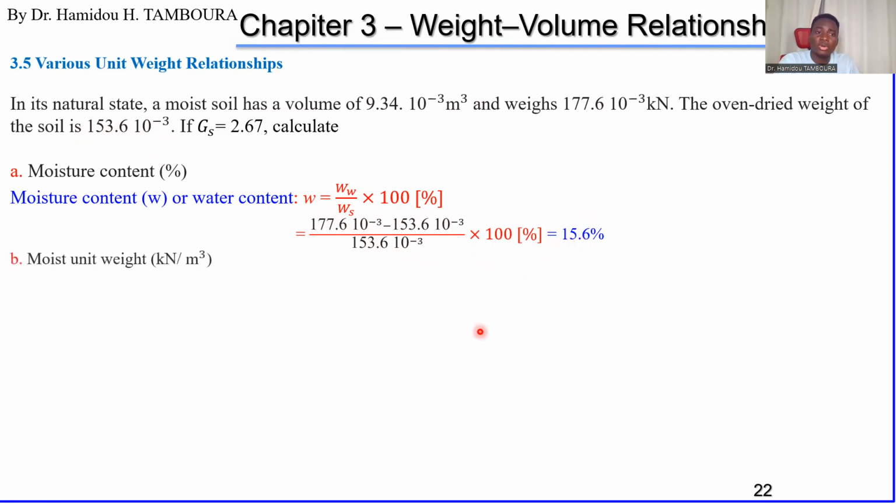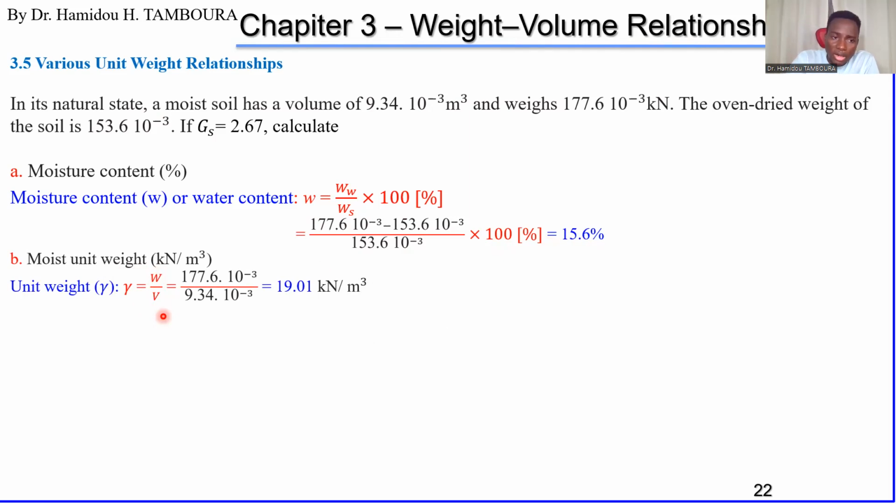The second question is about the moist unit weight, or we can also call it the wet unit weight. How can we obtain this unit weight? We have this formula: unit weight is weight divided by volume. So be careful here.